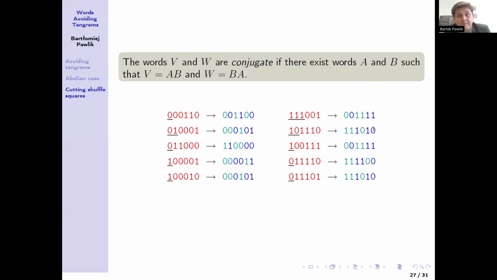And as we can see, if I take all these 10 binary tangrams of length 6 which are not shuffle squares, then I can take some prefix, put it at the end, and get a shuffle square. So here we take the prefix 1, 0, put it at the end, and we have the word 1, 1, 1, 0, 1, 0, which is a shuffle square. So I can make all of these words into shuffle squares by moving a prefix to the end.